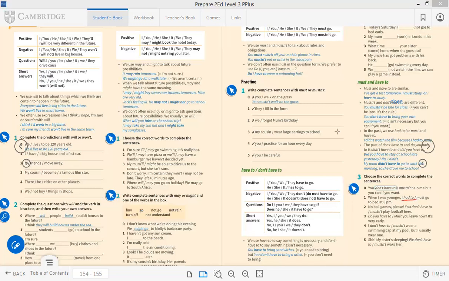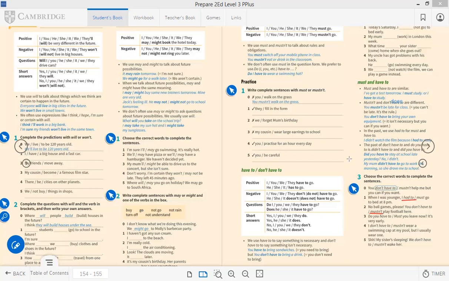Number 2: no ball game, please. You, we have two possibilities. Play football here. Mustn't, perfect. It's not permitted, it's not necessary. Number 3 is a question.